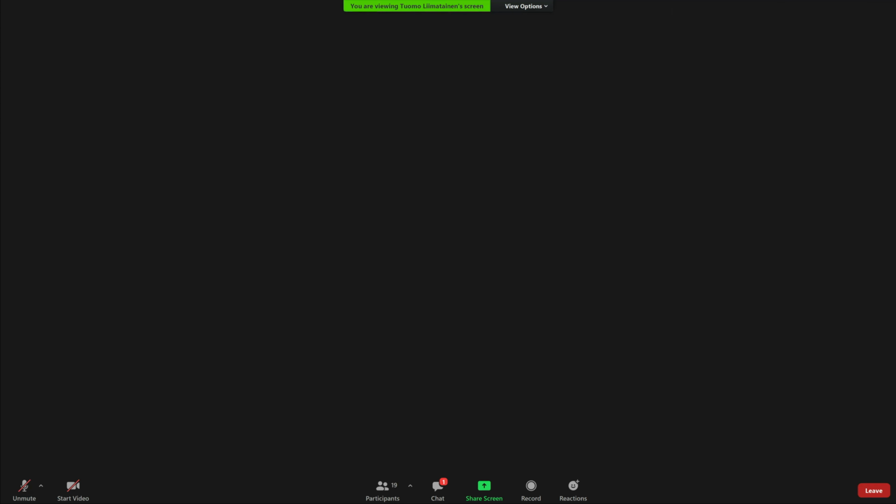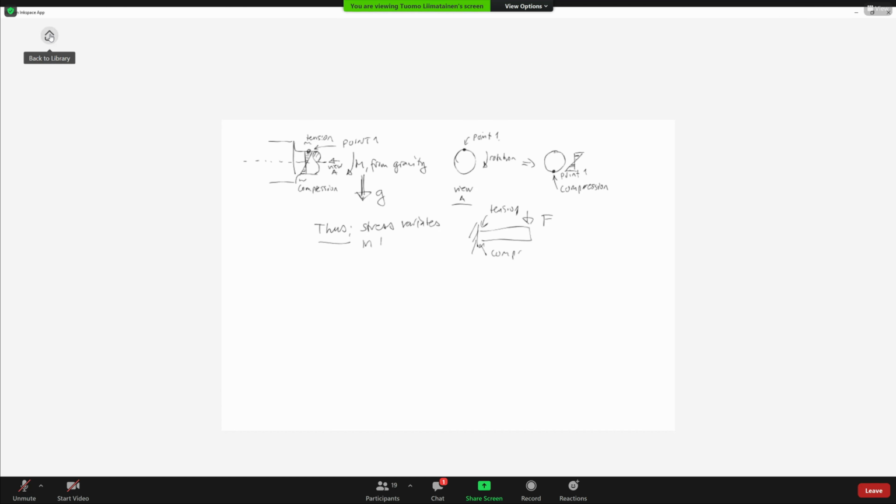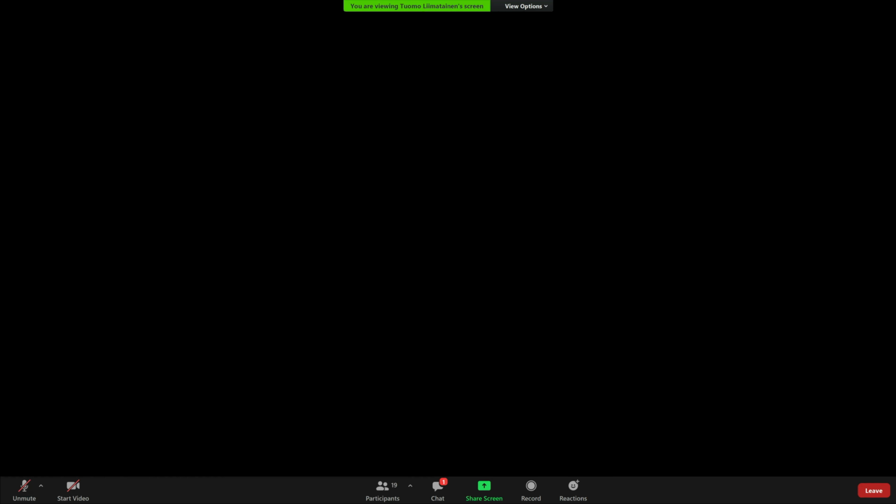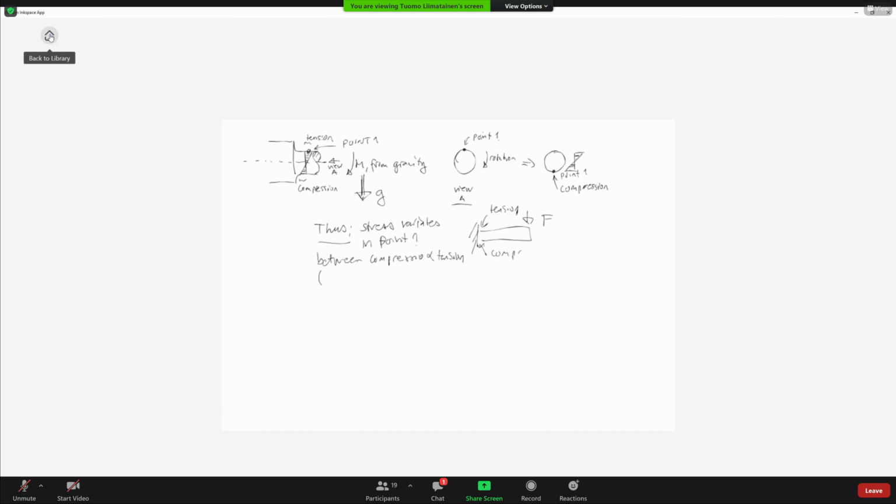So the stress in point 1 varies between compression and tension, and this absolute value is the same.